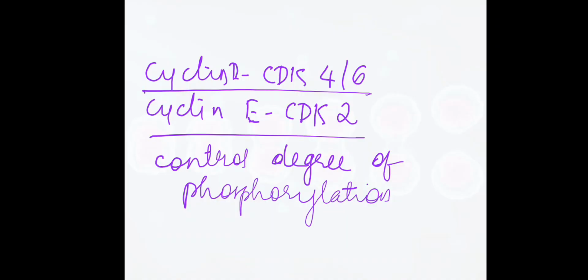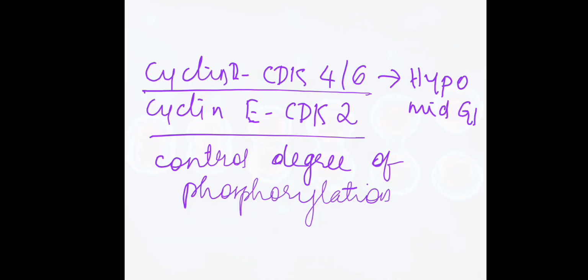Cyclin D CDK 4 or 6 drives PRB, especially hypophosphorylation, at mid G1.